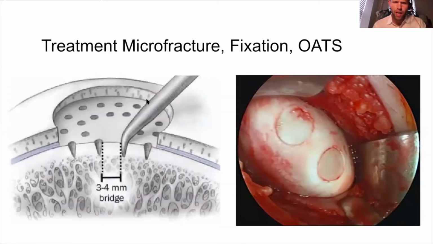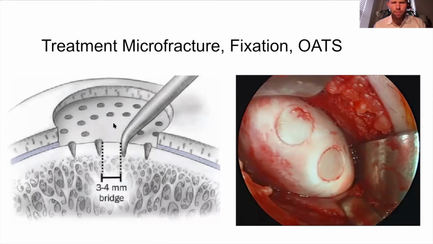Now, on this image on the left, we can see the microfracture treatment. And so again, just to orient everybody, what we're looking at here is a zoomed in version of the articulation or the articular surface of, let's say, the capitellum. And what we can see here is the overlying cartilage has been clipped back such that the subchondral bone has been exposed.